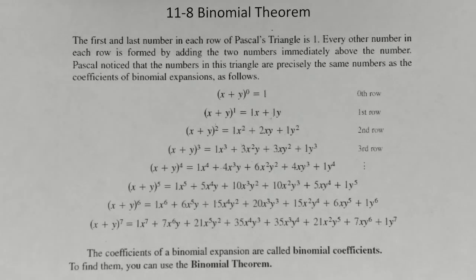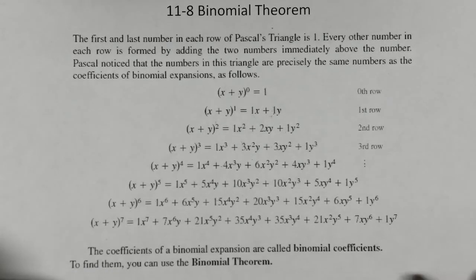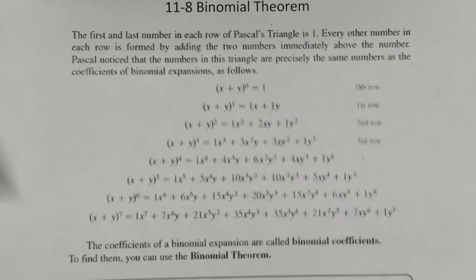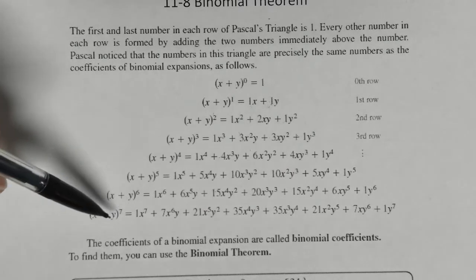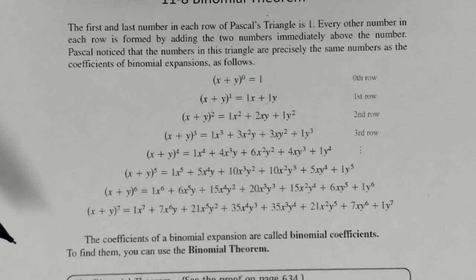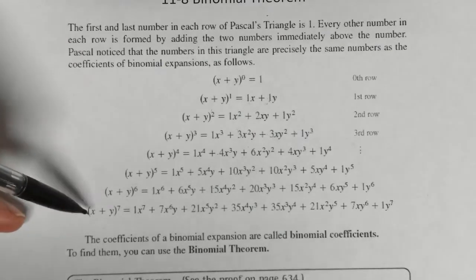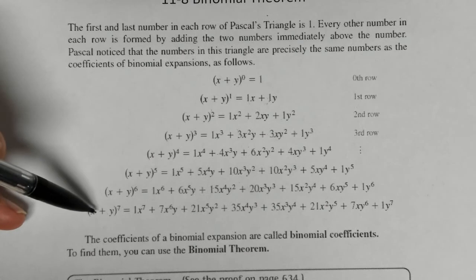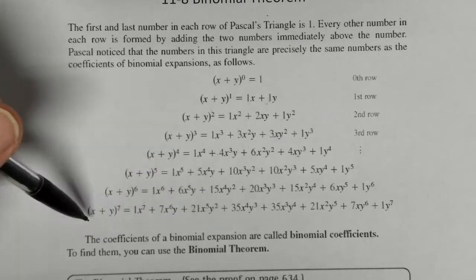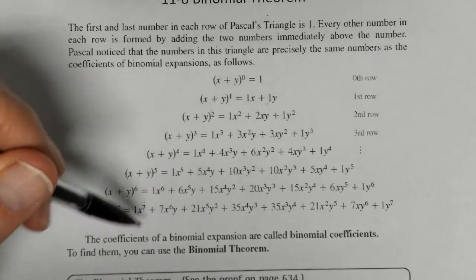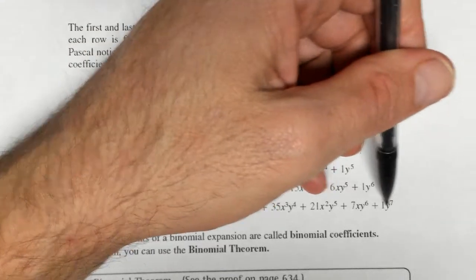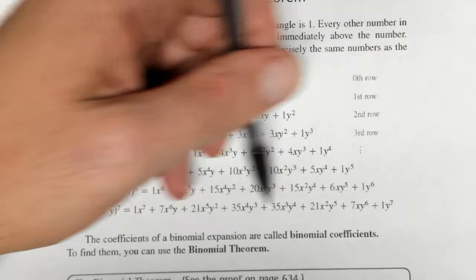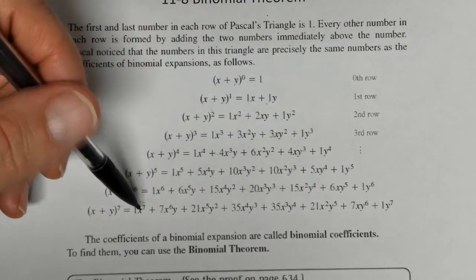And so we actually use that in order to get the binomial theorem, which helps you to expand it without having to multiply them out using the distributive property by hand. So for example, once you raise this thing to the 7th power, you would have to write this binomial out 7 times and then multiply it using the distributive property over and over and over to get this, which would probably take a sheet and a half of paper if you were just multiplying it out by hand.